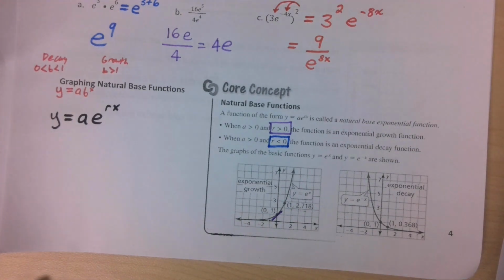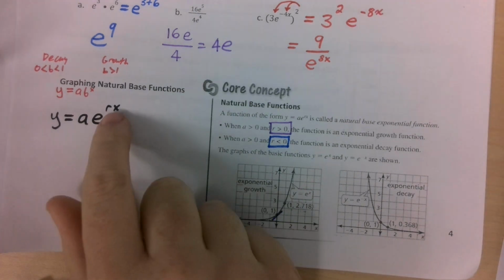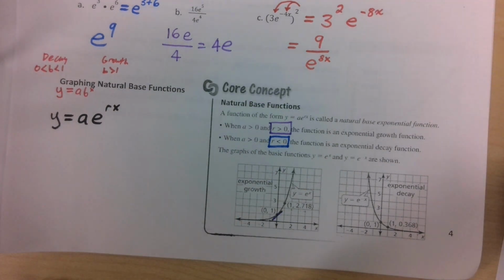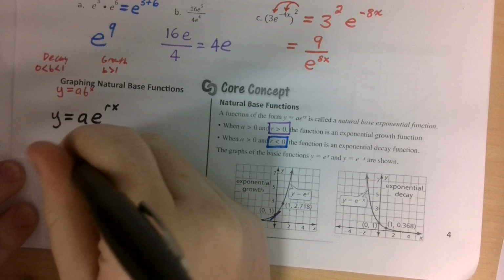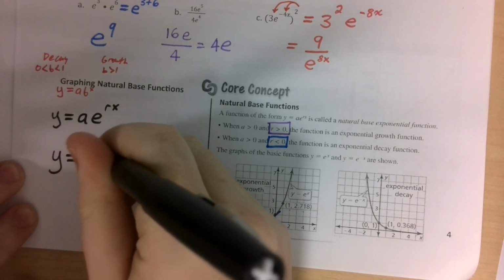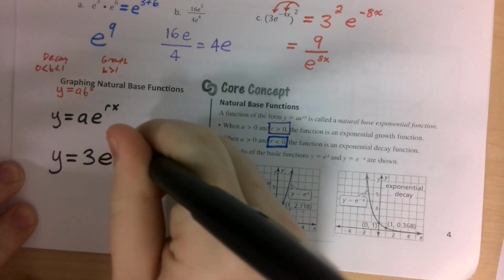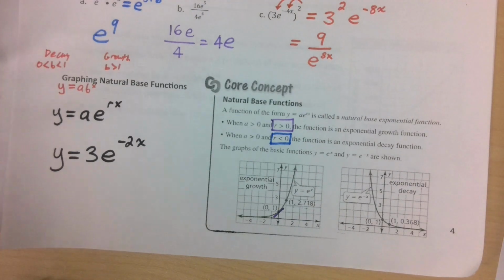This makes it so much easier to determine if something is growing or decaying, because you literally just have to look and say, do I have a negative exponent or do I have a positive exponent? It's very convenient. So if I gave you y equals 3e to the negative 2x, we don't need to ask ourselves between 0 and 1 or bigger than 1.